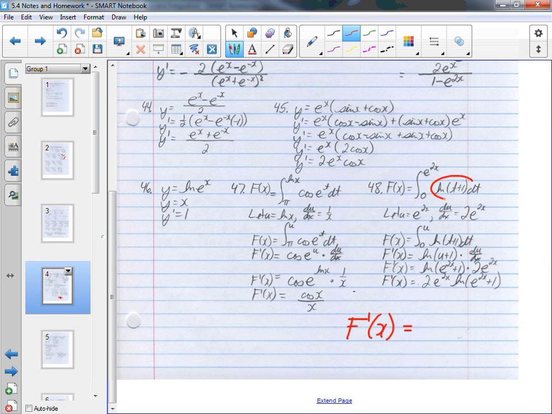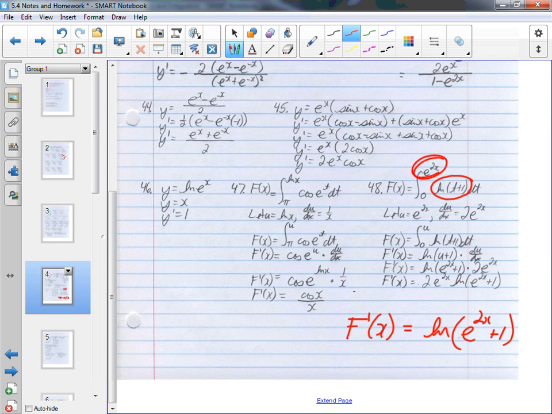So f of u, that'll be the natural log of, and instead of t plus 1, it needs to be u plus 1. So that's the f of u now times the derivative of u.